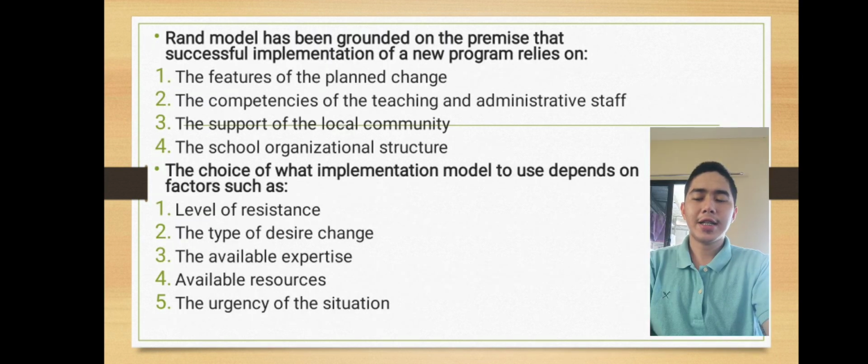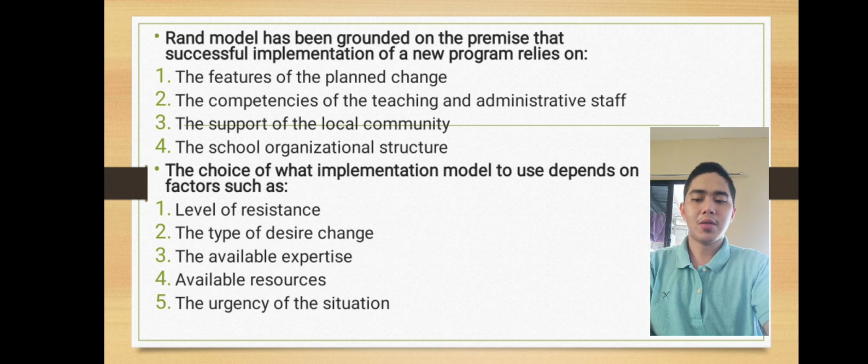Then the next is about the RAND model. The RAND model is grounded on the premise that successful implementation of a new program relies on, first, the features of the planned change; second, the competencies of the teaching and administrative staff; third, support from the local community; and fourth, the school organizational structure.